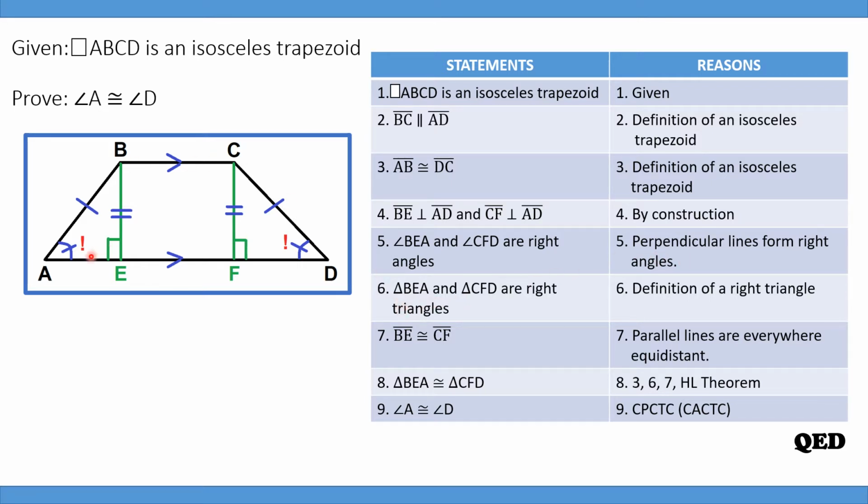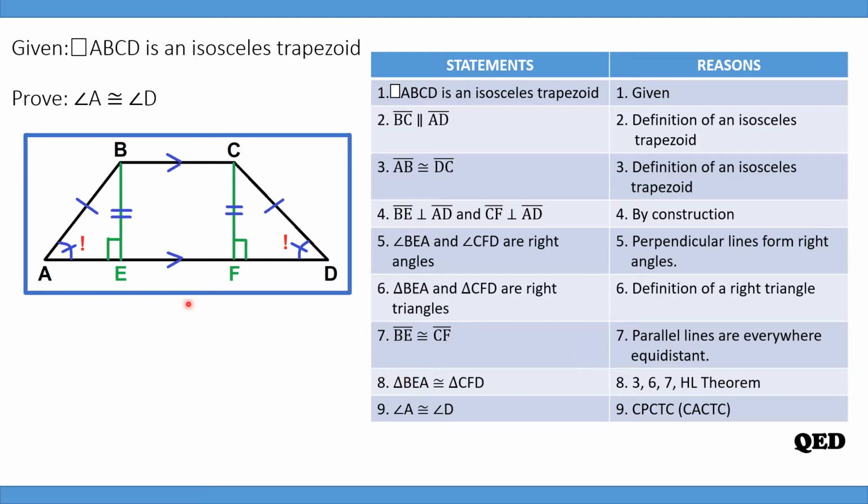Triangle BEA and triangle CFD are right triangles because of the definition of a right triangle. Line segment BE is congruent to line segment CF because parallel lines are everywhere equidistant.